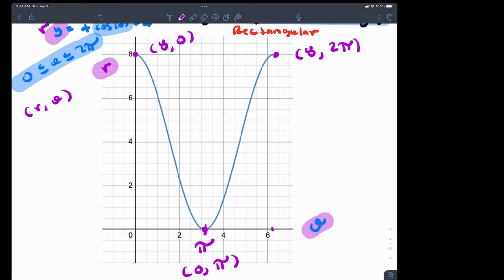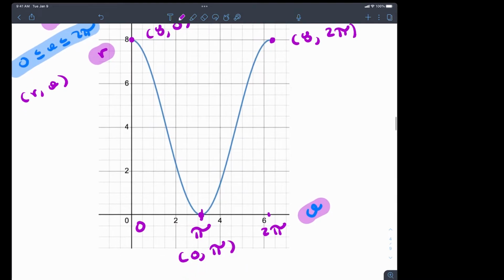So this is where 2 pi would be here. When you graph this, we need these important locations. However, we also need not just 0, pi and 2 pi. We need pi over 2 and 3 pi over 2. We need the 90-degree angle, and we need the 270-degree.